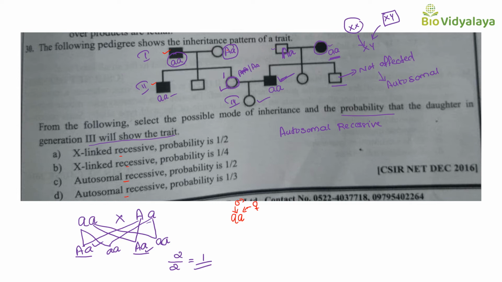Next we have to find what is the probability that the daughter in generation 3 will show the trait. That means the daughter in generation 3 is affected. So capital A, small a, cross small a, small a.